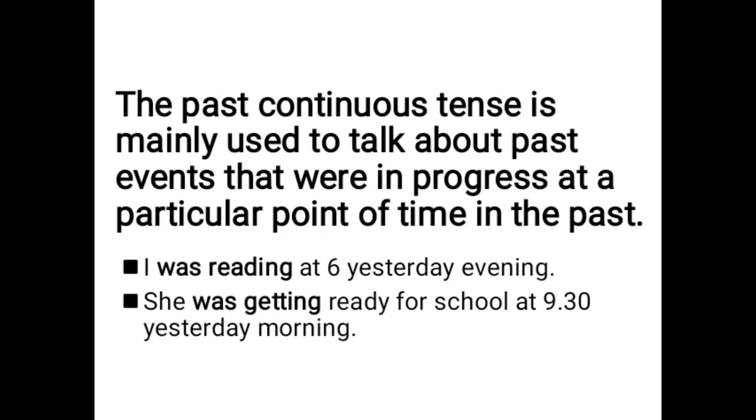And to talk about it in the progressive form, I was reading, probably something happened, and you want to give the detailed form. You could have said I read yesterday. That is a past. But here you are giving detailed information, maybe to highlight an action that may have happened at that time that you are also reading.